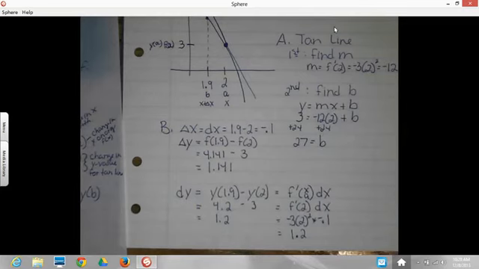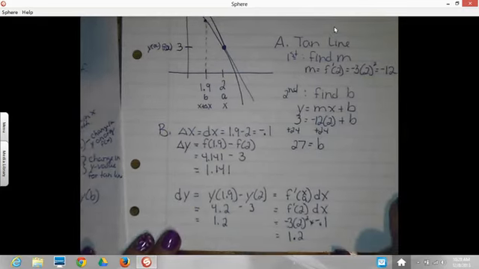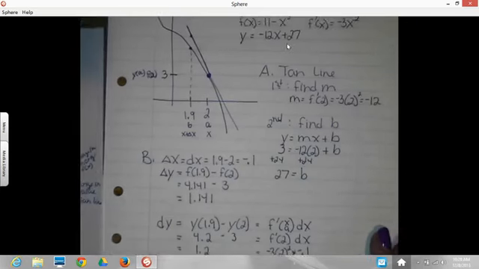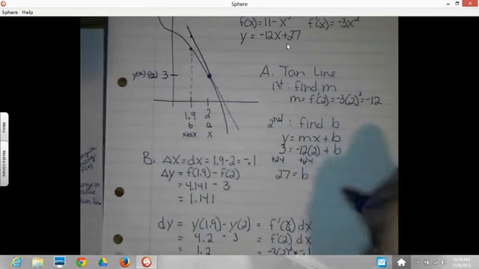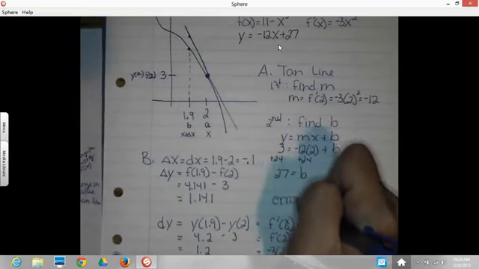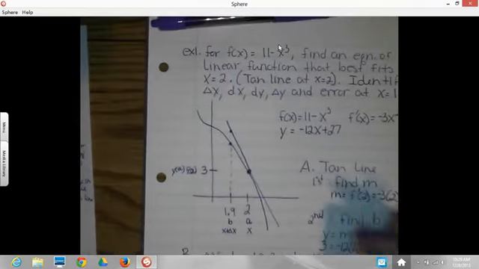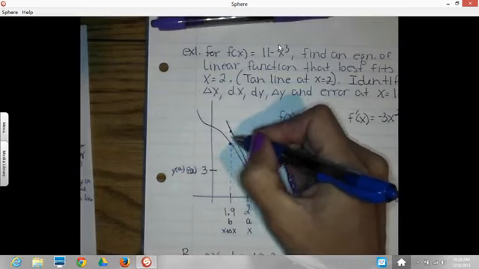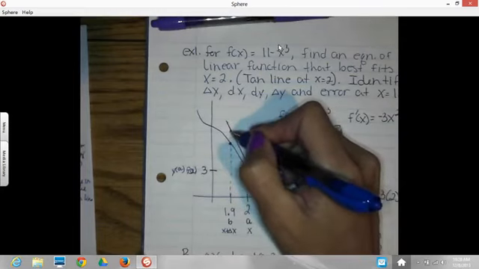Okay, and then the last thing we need is the error at 1.9. Glad I started a new page, or I'm still running out of room. And the error is how far apart these two functions are at that second y value. This distance in here is our error.